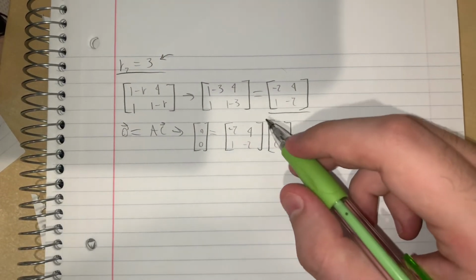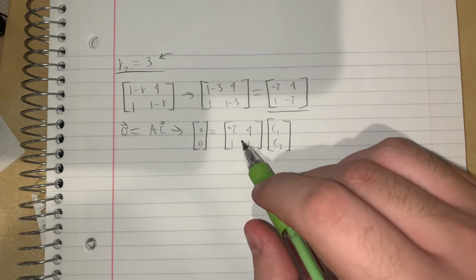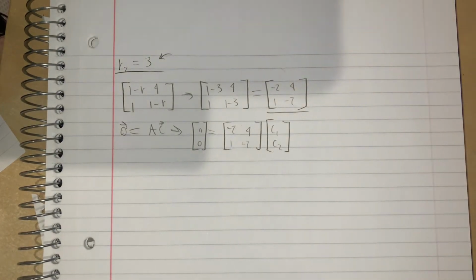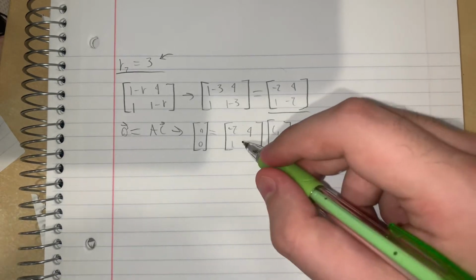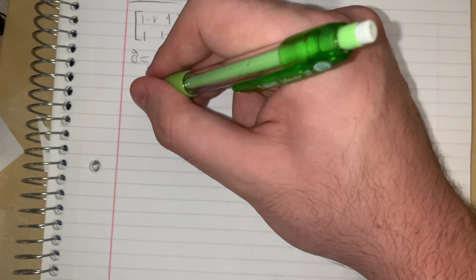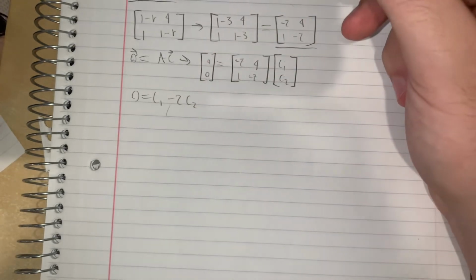So, like we saw in the last one, you can actually multiply this bottom equation by negative 2 and get this top equation. So we only have to look at one of them, which makes this a lot faster. So we'll only look at the bottom equation. If we multiply C1 and C2 into this matrix, we'll get that 0 is equal to C1 minus 2C2.